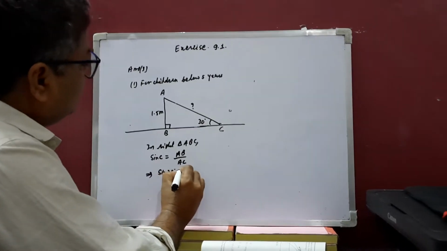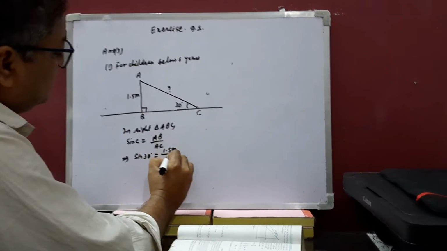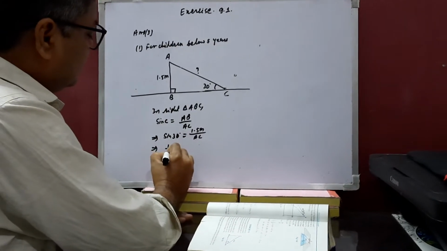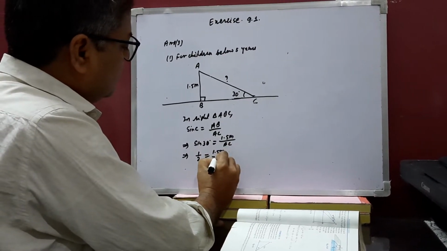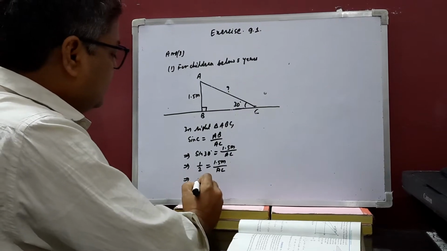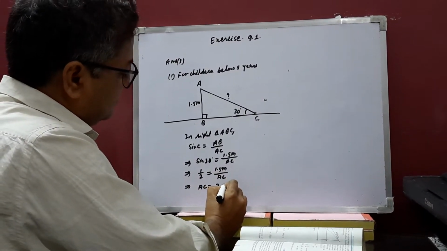Sine 30 degree is equal to AB 1.5 meter, and this is AC, and the substitute of value of sine 30 degree, which is half, 1.5 meter, this is AC. Do the cross multiplication. AC is equal to, and this is 3 meter.